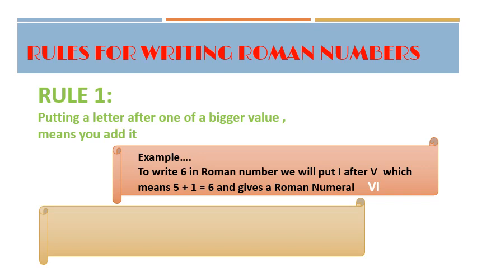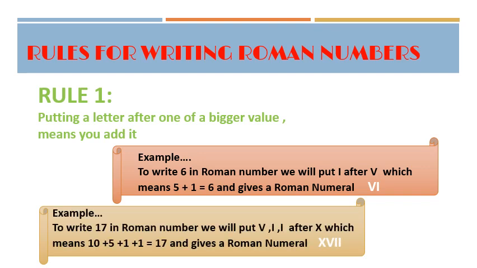Here's an example. To write 6 in Roman numbers, we will put I after V, which means 5 plus 1 gives us 6, and gives the Roman numeral VI. That means 6. Let's see one more example.